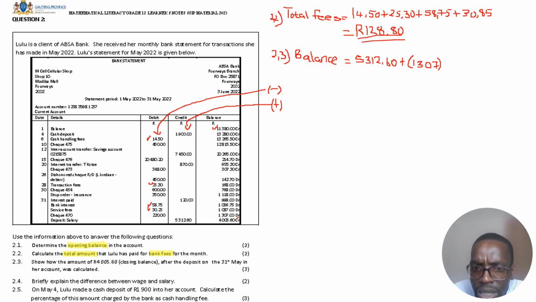Now if we have a negative value and a positive value, the negative value takes precedence, remains, becomes superior, isn't it? So in this case it would now mean 5,312.60 minus 1,307.